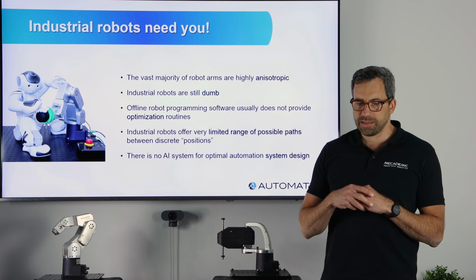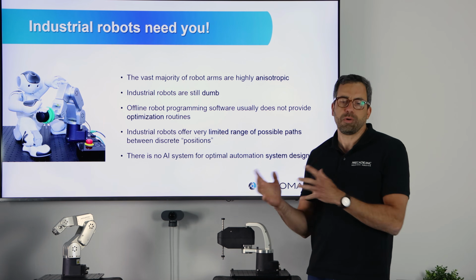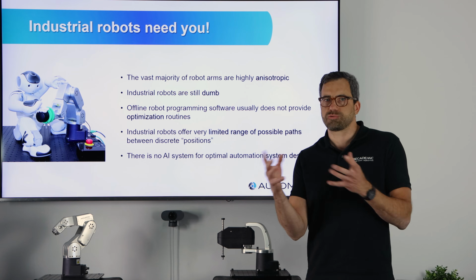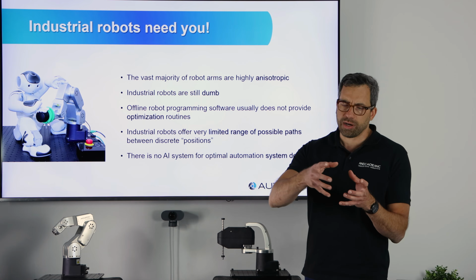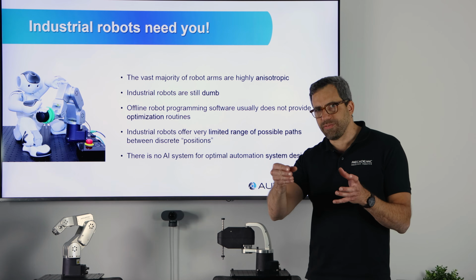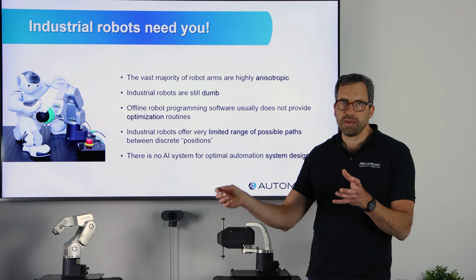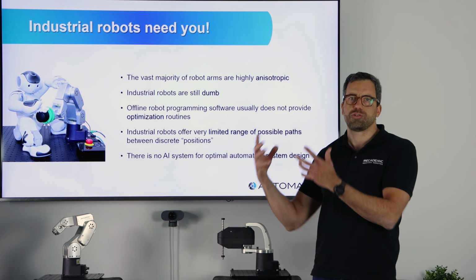And also, industrial robots, they offer very limited range of possible paths, possible trajectories between two discrete robot positions. So you either have the end effector follow a linear path or a circular path, or all the joints follow a linear path in the joint space.